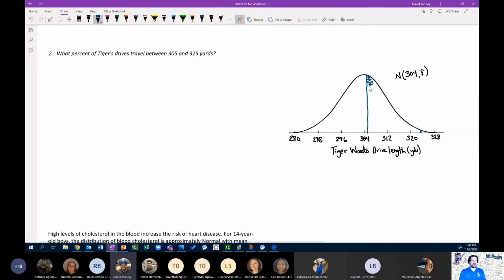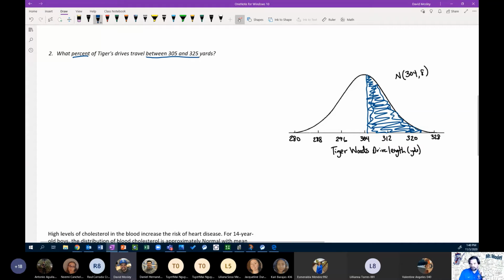All right, 305 to 325. All this area here. So we want to know the percent again, so we'll be converting our proportion to a percentage between 305 and 325.